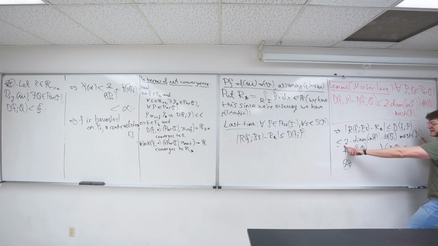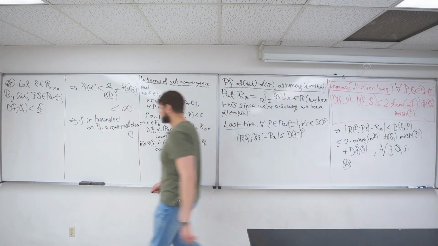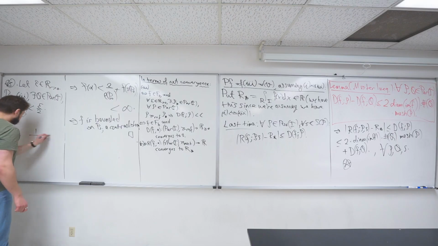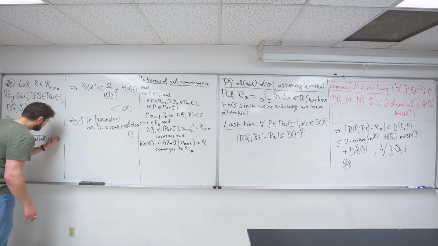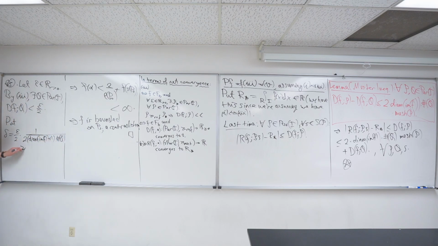If I want this to be bounded by epsilon over 2, the mesh of P has to be bounded by epsilon over 2 divided by this number. Put delta to be epsilon over 2 times that expression: 2 times the diameter of the image of f plus 1, times the number of pixels in Q. That's a positive number.